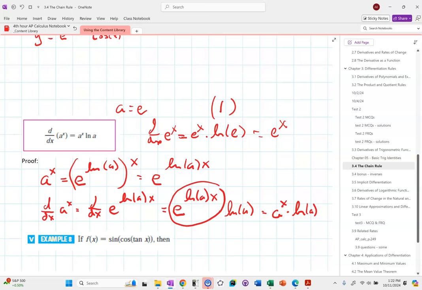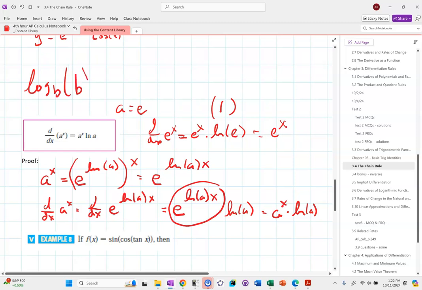It's like we have log base b of b to the x is just x, or b to the log base b of x is just equal to x. It's like the inverse property of logarithms. Does that ring a bell now? Okay.